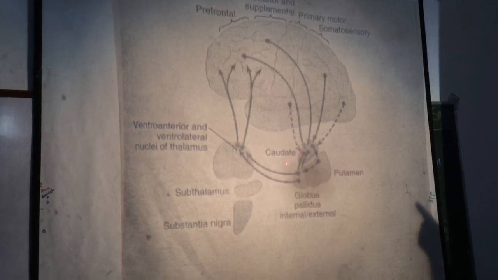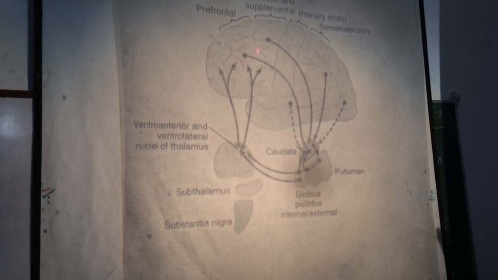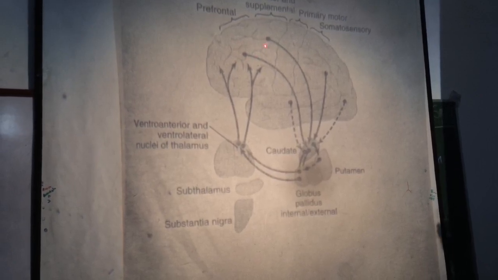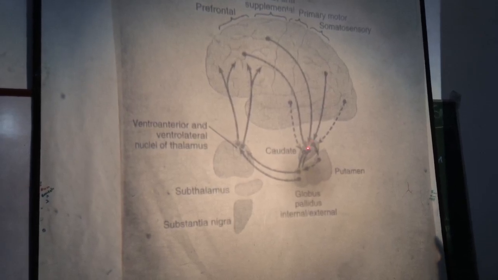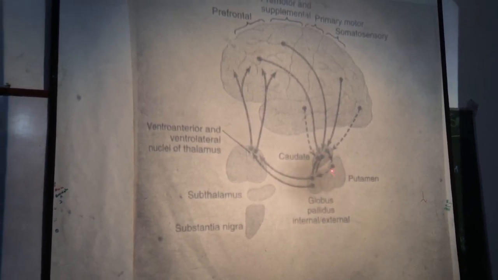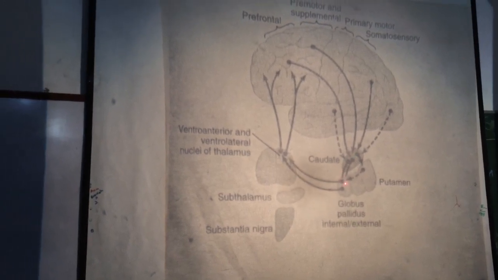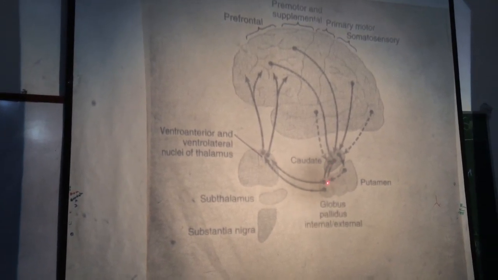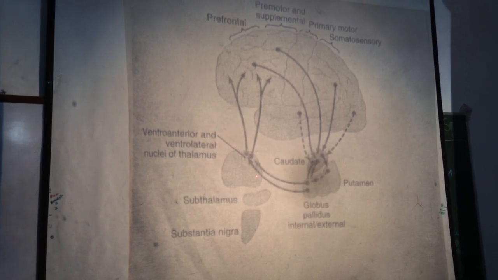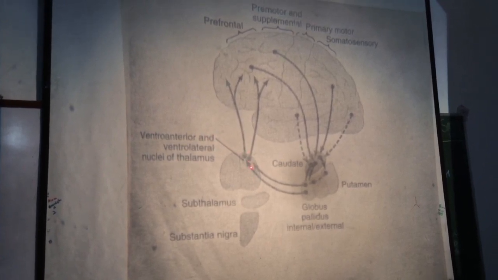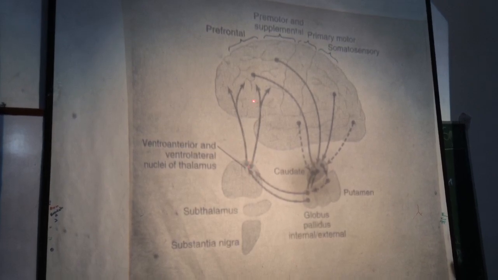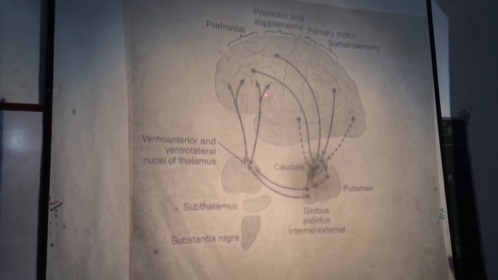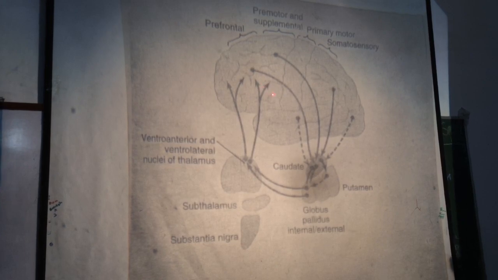So to revise the caudate circuit: nerve fibers from the prefrontal cortex, premotor and supplementary motor area, and somatosensory area go to the caudate, bypassing the putamen. From caudate to globus pallidus, and from globus pallidus to the ventro-anterior and ventrolateral nuclei of the thalamus, and from here nerve fibers go to the prefrontal cortex and premotor area.